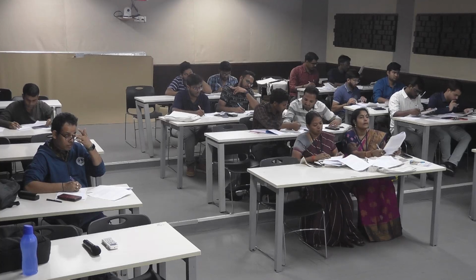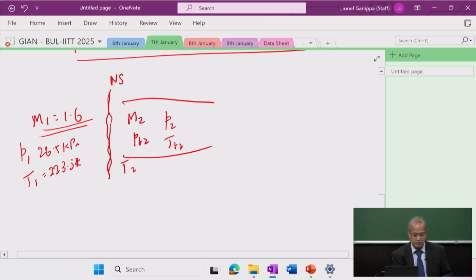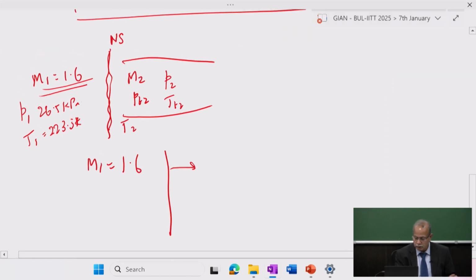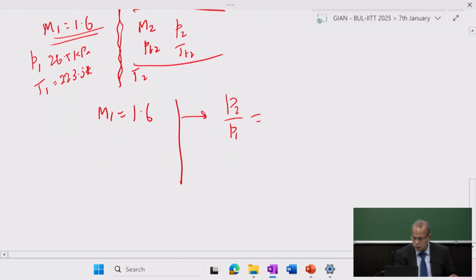So you have to go to M1 as 1.6 in the table, which is found on page 22. For M1 equal to 1.6, you should be able to find the value of P2 by P1 from the table.